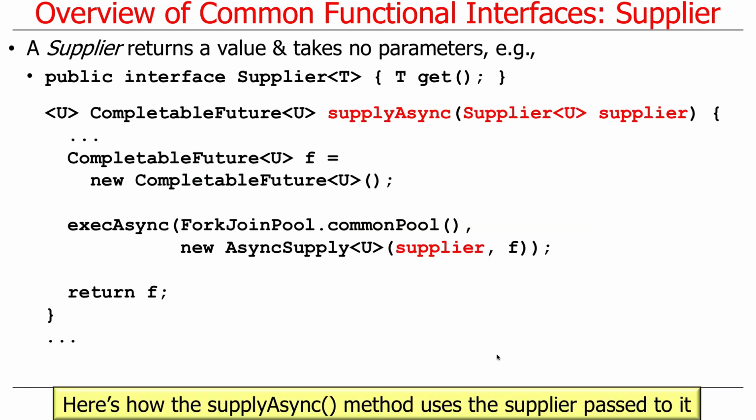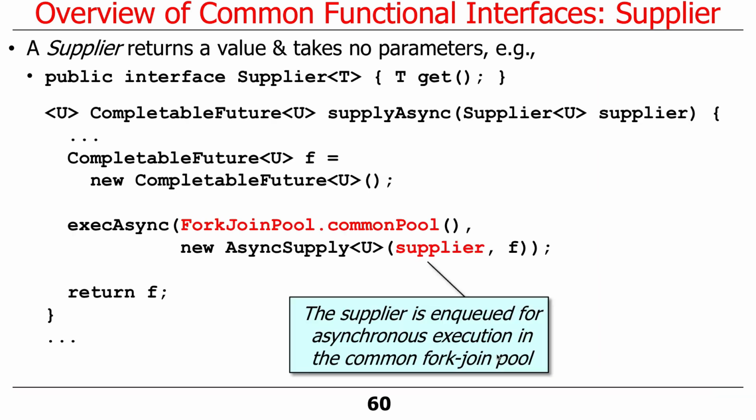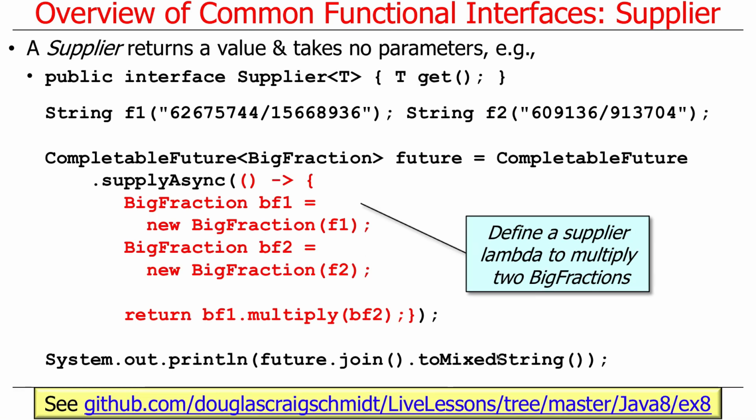And so if we go look at the supplyAsync method that's part of CompletableFuture, you'll see it takes a supplier. And if we poke a little further down here, you'll see eventually the get method gets called. The code over here doesn't say anything about get. We don't reference the get name. So if a functional interface could have more than one abstract method, then how on earth would the compiler know that this is what it was referring to?